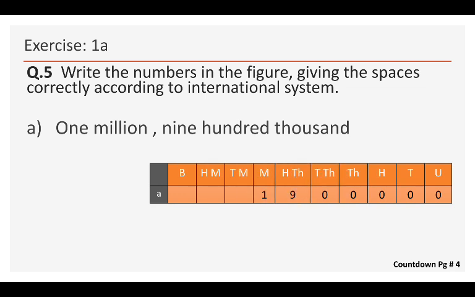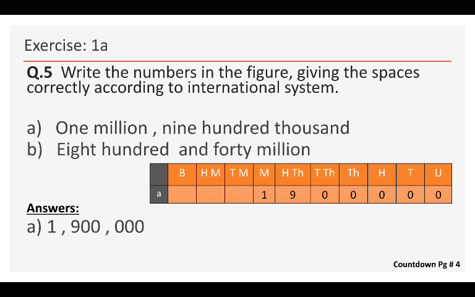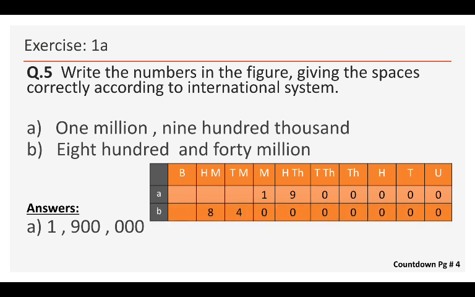The very first step is to write down place values, and it becomes 1 space comma 900 space comma 000. Part B, 840 million. 8 comes at the 100 millions place, and 4 comes at the 10 millions place, and what comes at the millions place? That is 0.